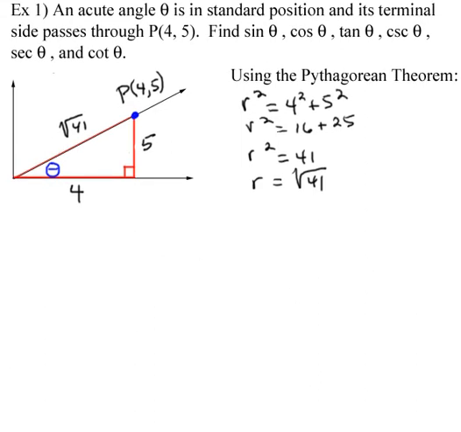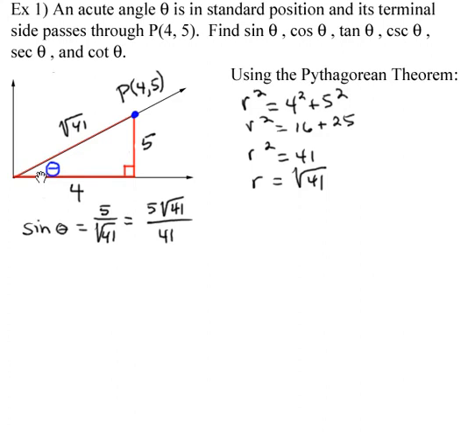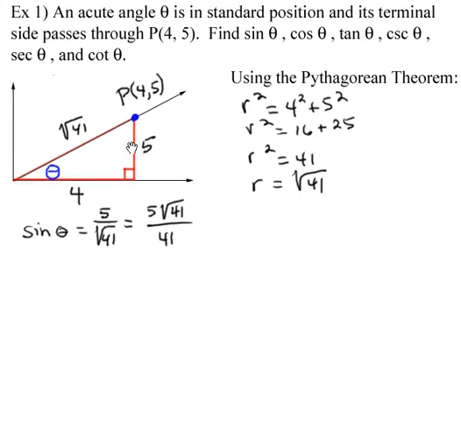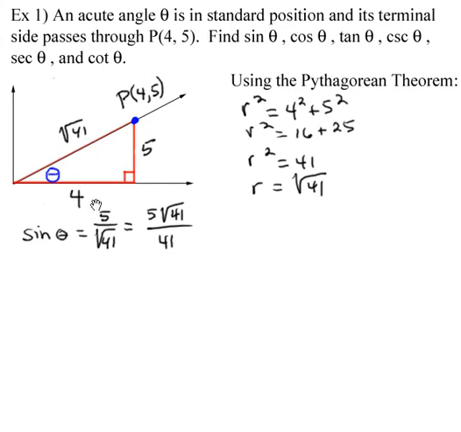Now that we have that, we can come up with the solutions here. Sine, standing at this angle, is opposite over hypotenuse. So 5 over the square root of 41. Remember, we can't leave a radical in the denominator. So if you multiply both the numerator and denominator by the square root of 41, that gives you 5 square roots of 41 over 41.